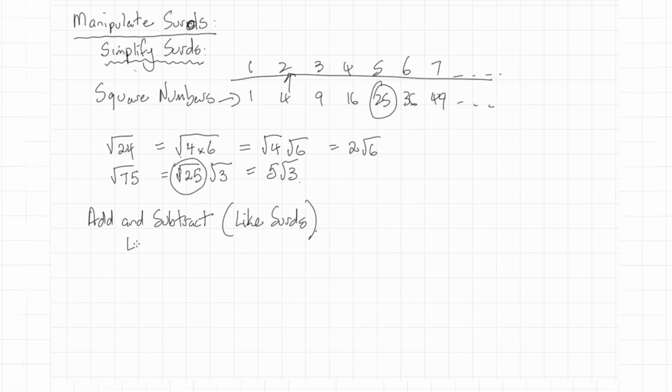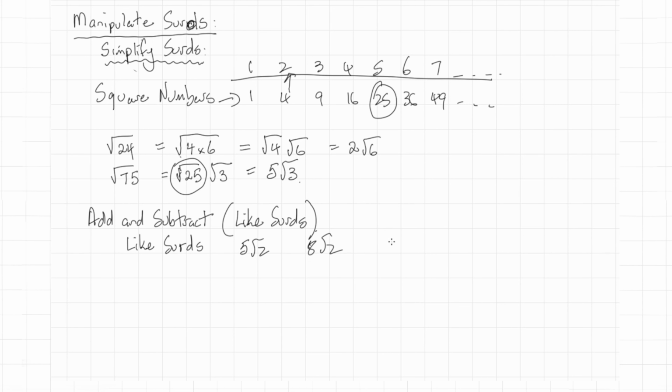Now like surds, so it's like if you had 5 root 2 and 8 root 2, they are what I call like surds because the square root is of the same thing. Don't get confused though.